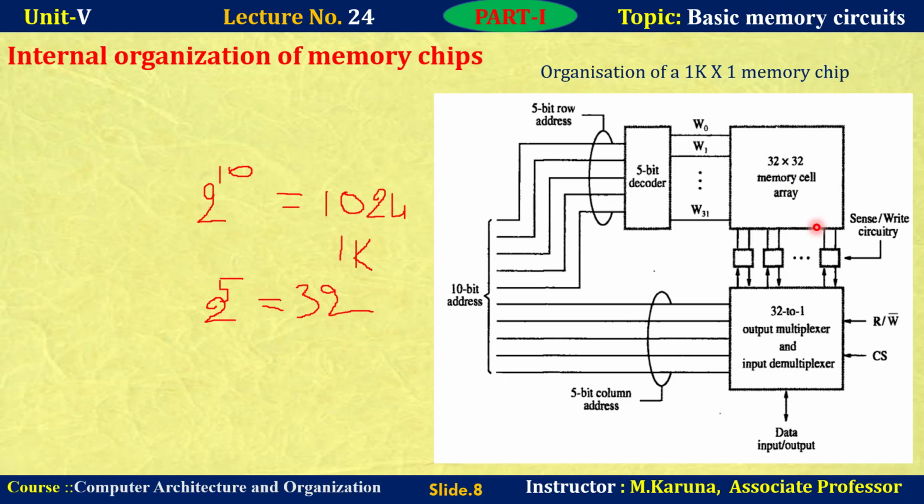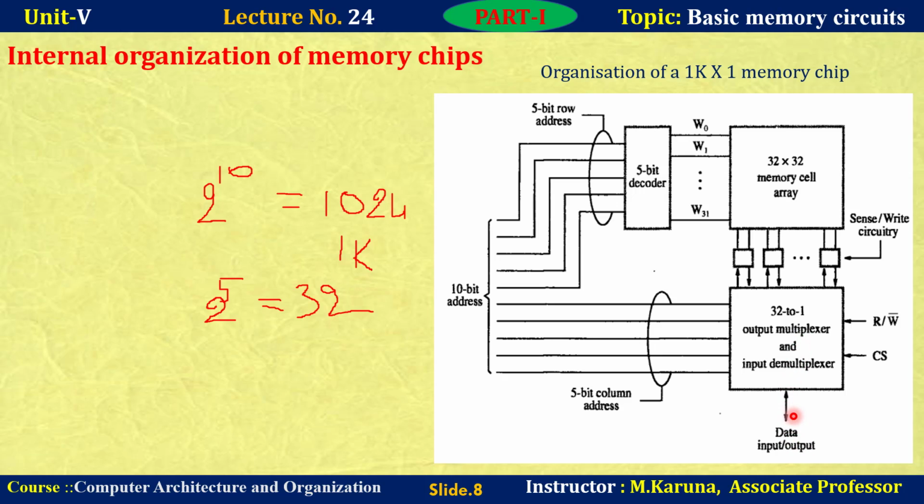According to the column address only one of these cells is connected to the external data line by the output multiplexer and input demultiplexer. Out of 32 bits, we can select any one bit.